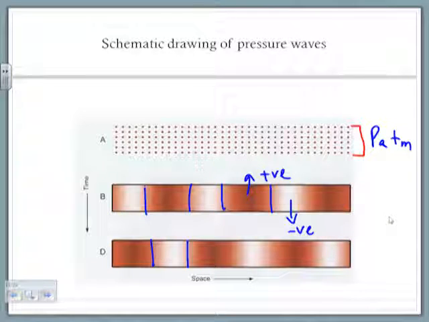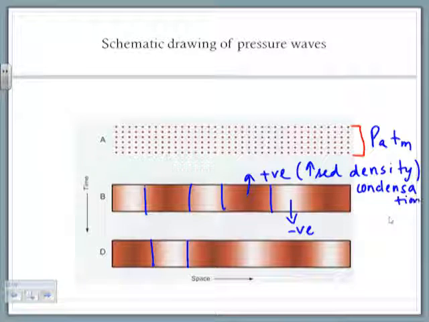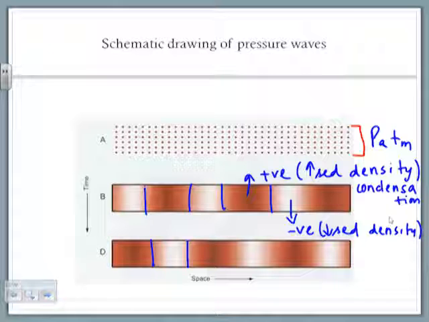Okay, this positive pressure, or areas of increased density, positive pressure meaning increased density of molecules. When there's increased density, that is called condensation. Okay, this decreased density, where there is going to be less pressure, negative pressure, is called rarefaction.